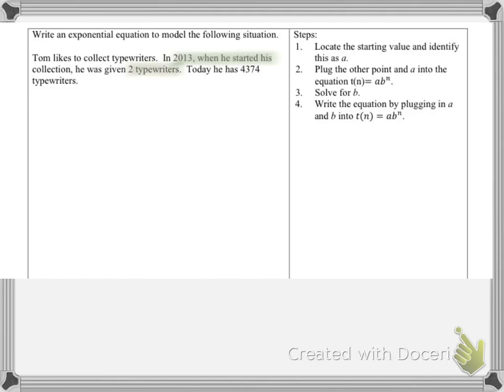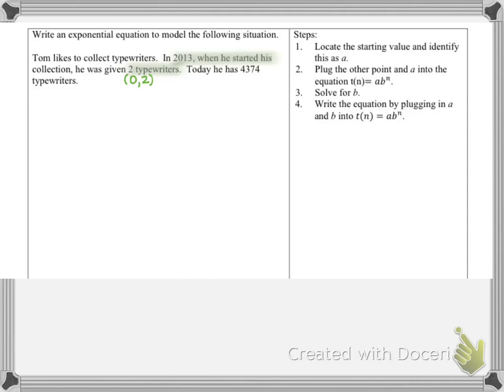Okay. Now, you can choose to write your point however you would like. You could do 2013, comma, 2, or you can say, in the beginning, when he started collecting typewriters, he had 2. Now, I don't want to use big, huge numbers, so I'm actually going to use the in the beginning part. So I would say, in the beginning, Tom has 2 typewriters.